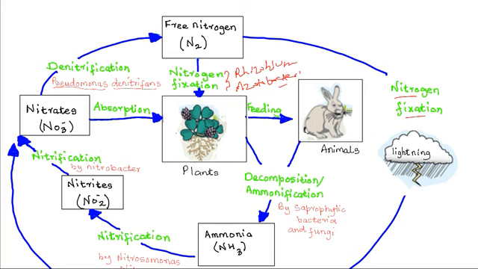These organisms convert the free nitrogen gas in the soil air into ammonia, which is then converted into nitrates that can be used by plants.